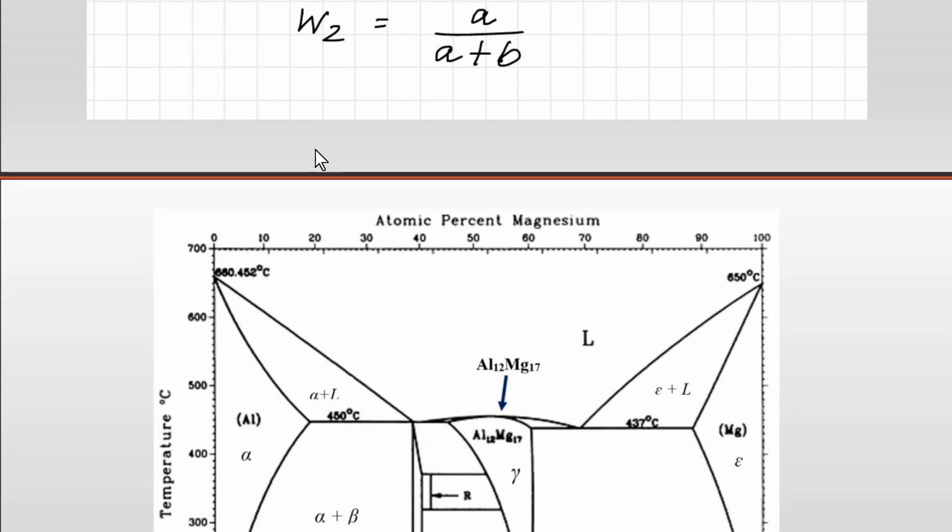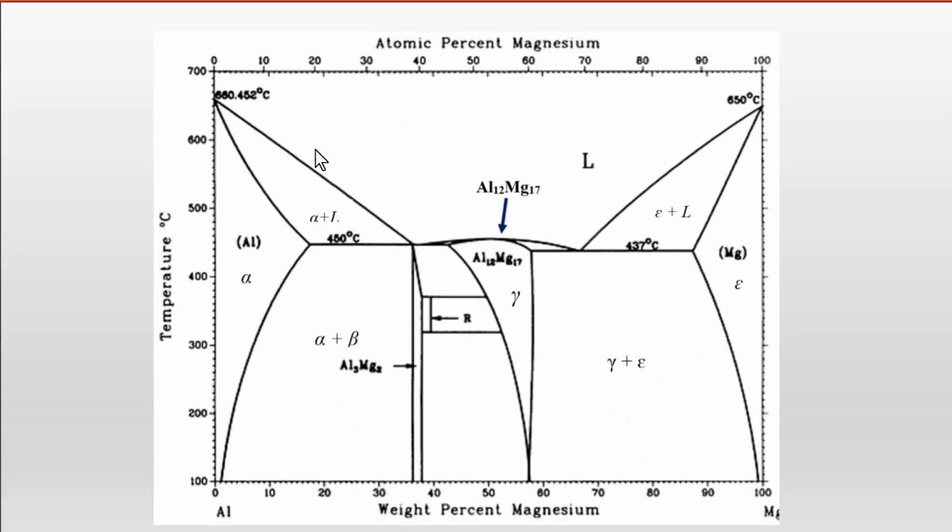The lever rule will only work in phase fields where you do have two phases. As you can see from the derivation, we've assumed that there are only two phases possible, and hence the sum of those two mass fractions that we calculate will equal 1 or 100%.